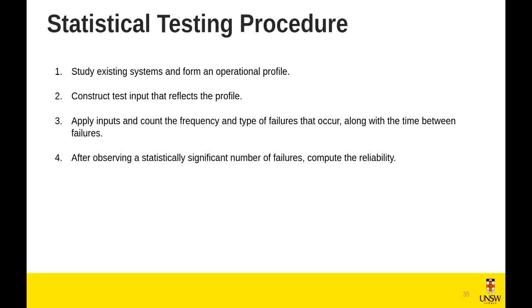And of course, we can also use some other techniques to collect usage information to build this profile. And then we need to construct test inputs to reflect this profile. So remember, for each class of test inputs, we should associate it with some kind of probability of usage. So this is the second step.